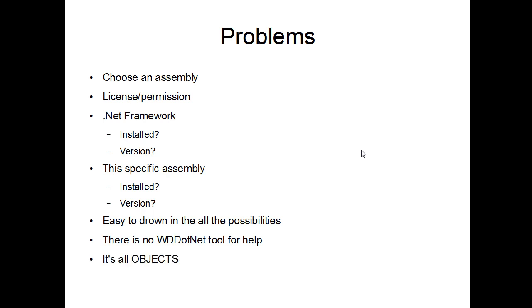Remember also, it is entirely and completely all objects. Every .NET assembly is in fact a series of classes and nothing else. So if you don't know how to deal with a .NET assembly as classes, then you're in trouble. It's really object. And of course, remember also, there's only one target, Windows.